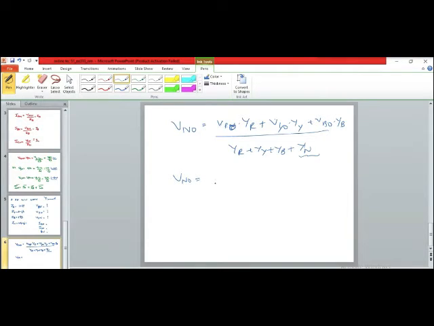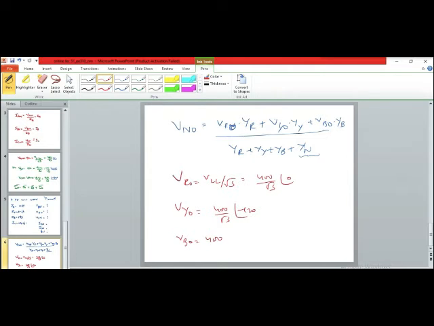So how to find this VRO? That is the first thing we can find. VRO is equal to V line to line by root 3. It is nothing but 400 by root 3 angle 0. I'm taking R as the reference phase. Next, VYO, again 400 by root 3 angle minus 120.